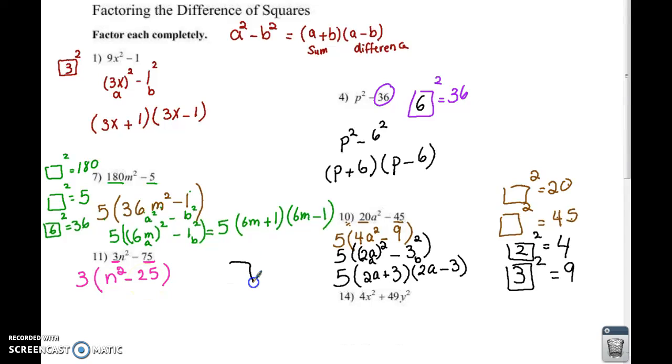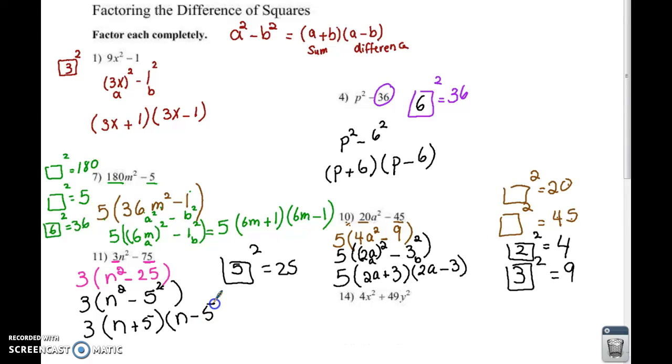What base to the power 2 is 25? 5. Okay. So, I got my A and I got my B. So, n squared minus 5 squared. Again, don't forget your 3. So it's n plus 5 times n minus 5.